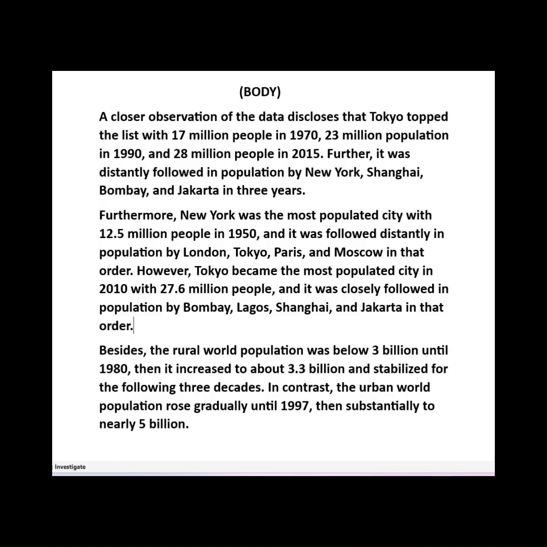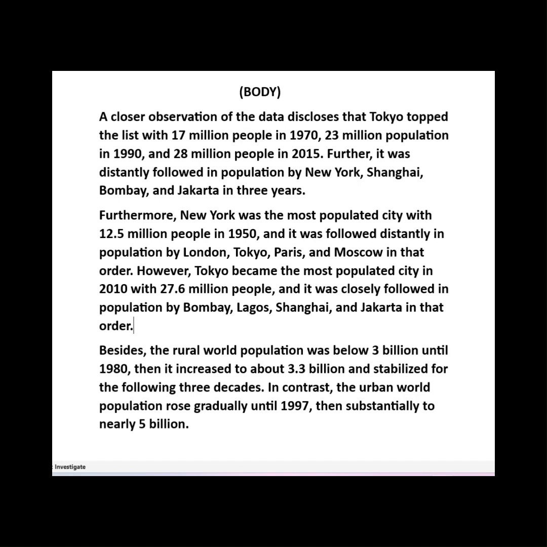Hello students, please pause the video and study the body of the report thrice to understand it better. Okay? Now listen to me. A closer observation of the data discloses that, fixed template, wherever possible, use in the body of the report. Tokyo topped the list with 17 million people in 1970, 23 million population in 1990, and 28 million people in 2015.